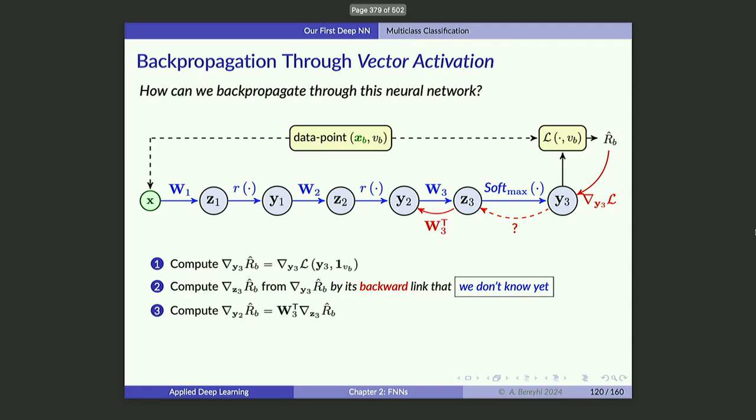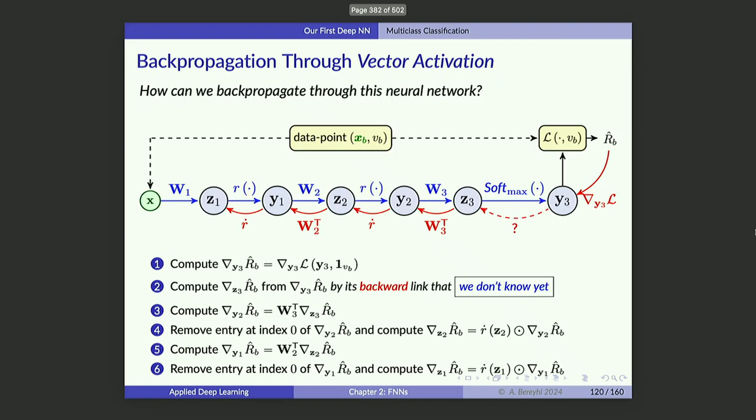Because everything else is either a linear transform, which I do know that I should multiply in the backward pass with the transpose version, or it is an entry-wise activation, which is going to be an entry-wise product to the gradient, right? And I can go backward as that.